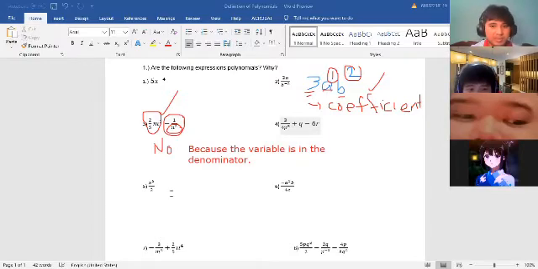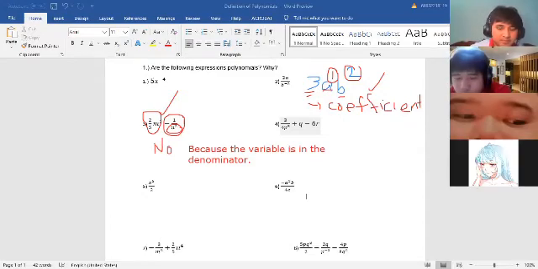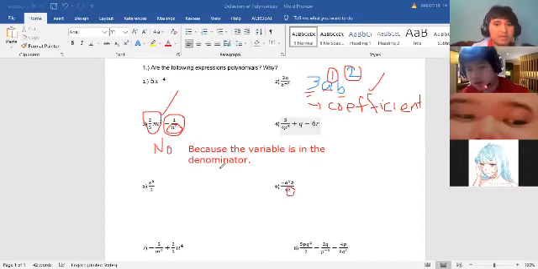All right. Number 6. Can I have Tanabudi? Number 6. Is it yes? No, because the variable is in the denominator.